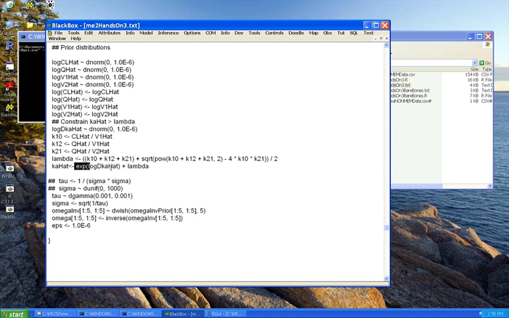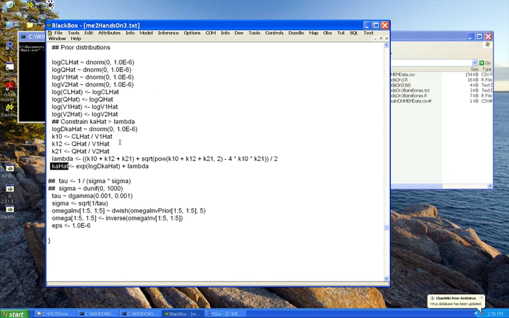So I take log dKa hat, take the exponential of that to get Ka minus lambda, and then I add the lambda, and that gives me my Ka hat. So now Ka hat is being forced to be larger than lambda.